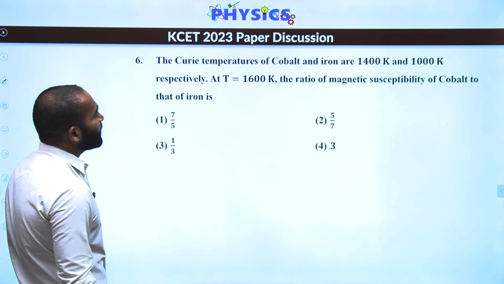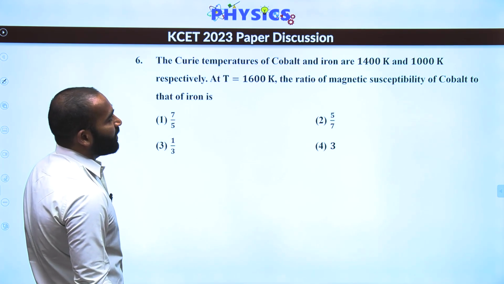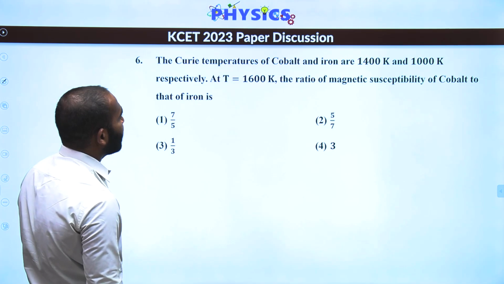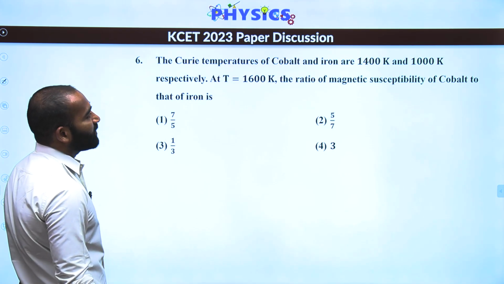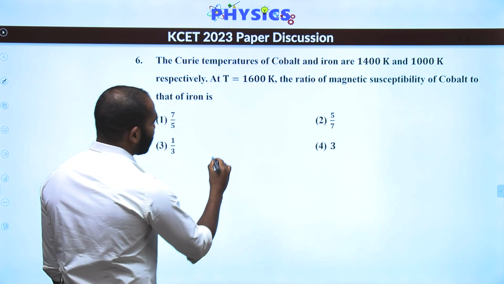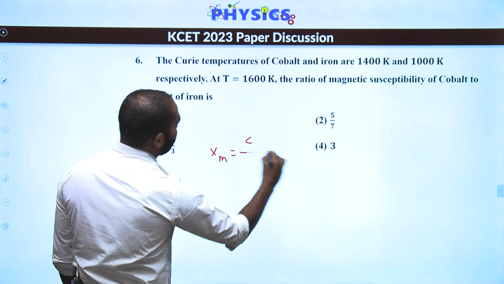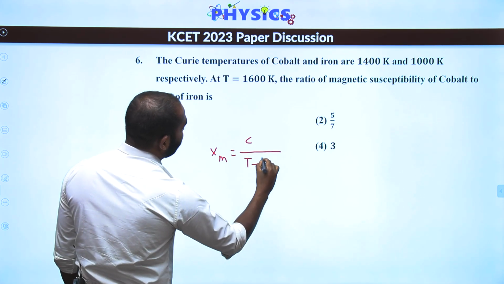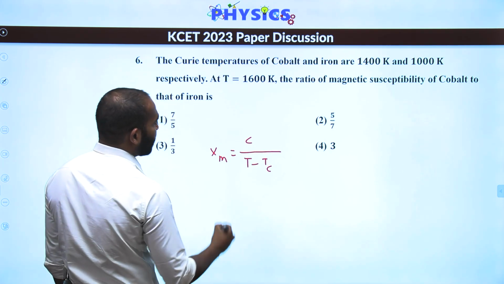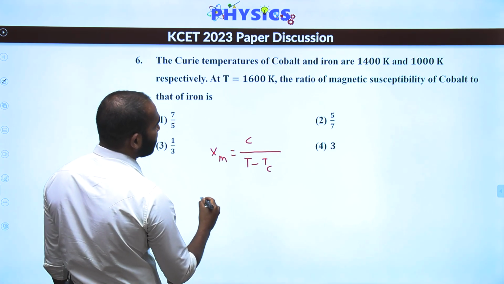Next, the Curie temperatures of cobalt and iron are 1400 K and 1000 K respectively. At temperature 1600 Kelvin, find the ratio of magnetic susceptibility of cobalt to that of iron. First of all, we should know the formula for this one. Magnetic susceptibility is some constant upon T minus Tc, the Curie temperature. For both of them, we can take the ratio by substituting the respective temperatures.